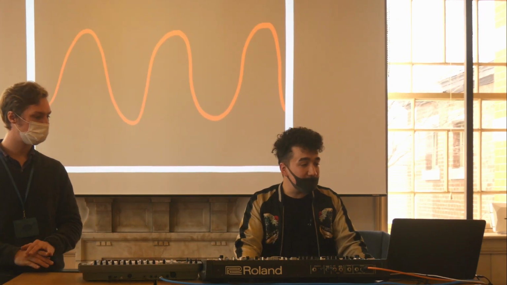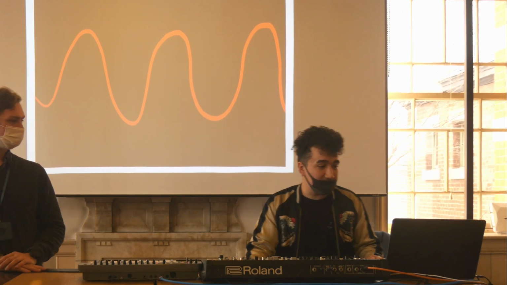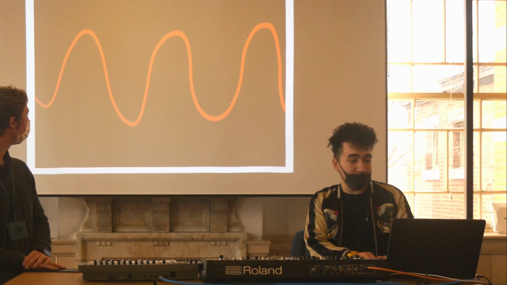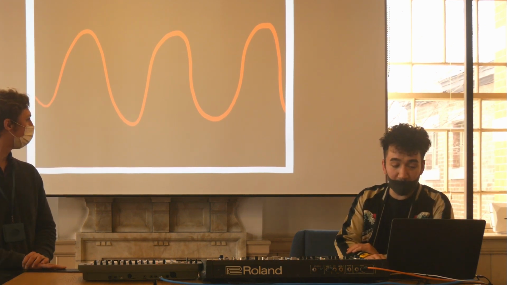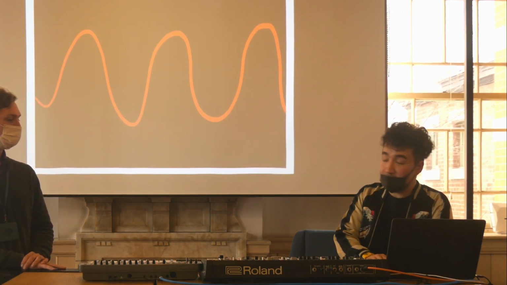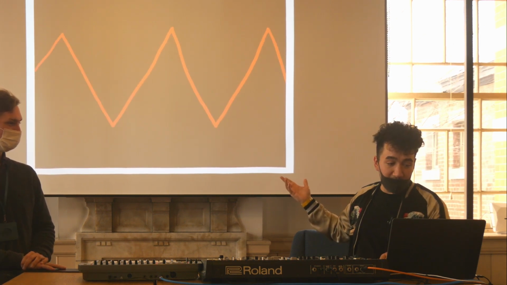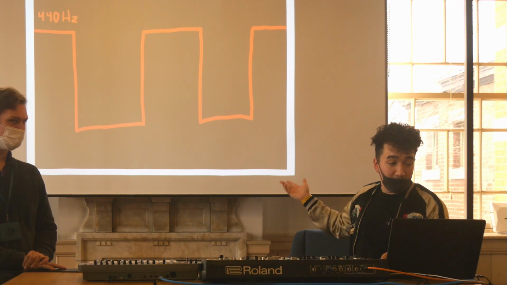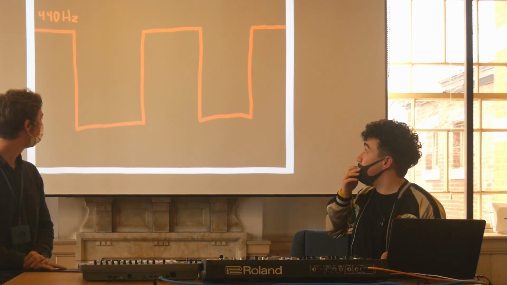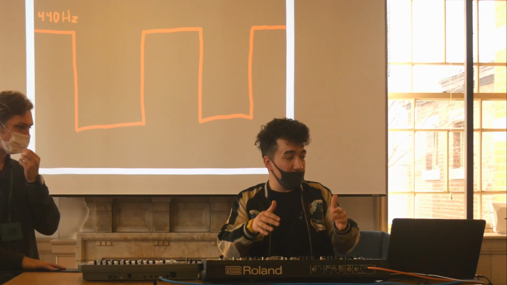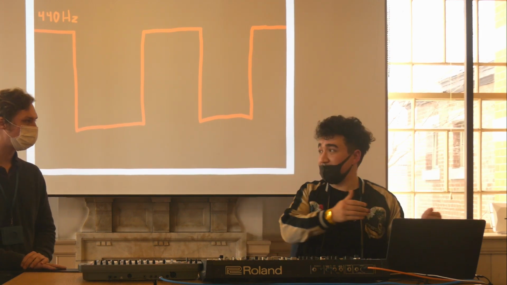So let's get started with the waves. This is frequency we're talking about here. There are several different types of main waves that synthesizers use, for example a sine wave, a sawtooth wave, a triangle wave, or a square wave. Every wave that comes out of the synthesizer will have a corresponding frequency.